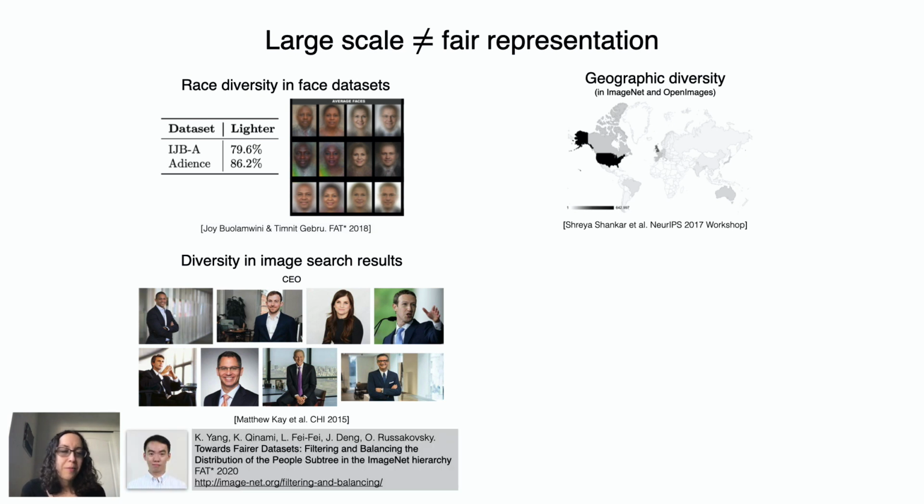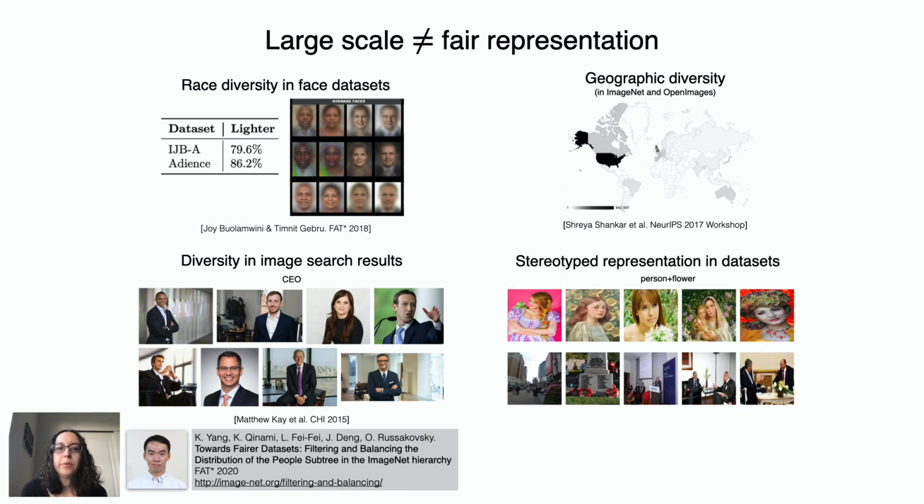I'll do another quick self-promotion here of a paper. This one appeared in the Conference on Fairness, Accountability, and Transparency from our lab this year. This was led by Kaiyu Yang on constructive solutions that can be taken in a computer vision context to try to mitigate some of this search engine bias and some other issues in datasets.